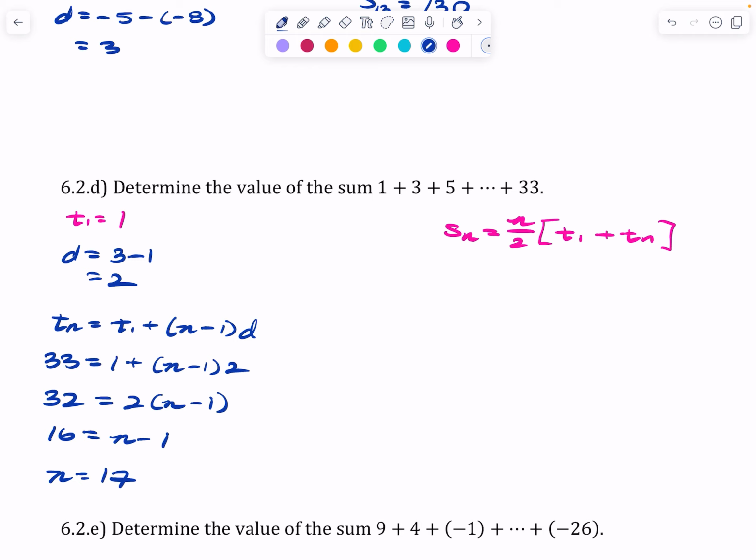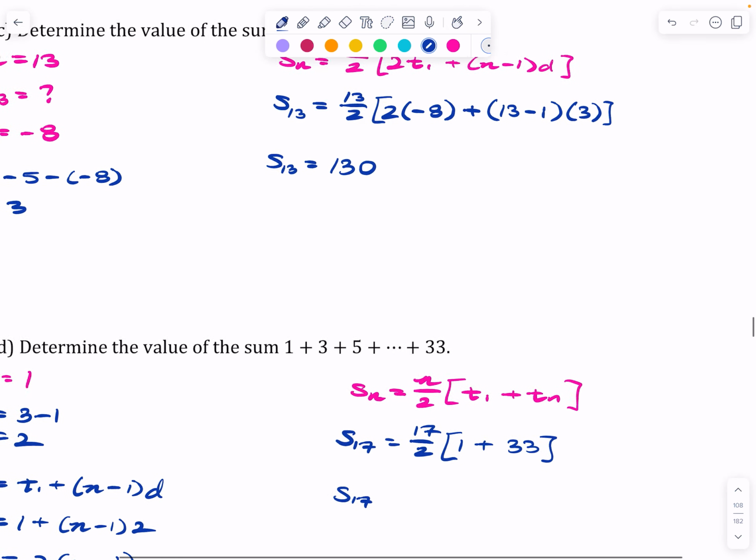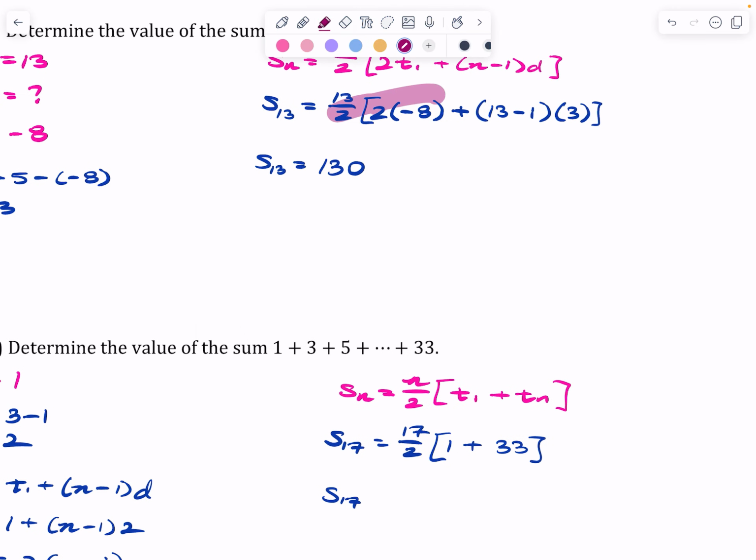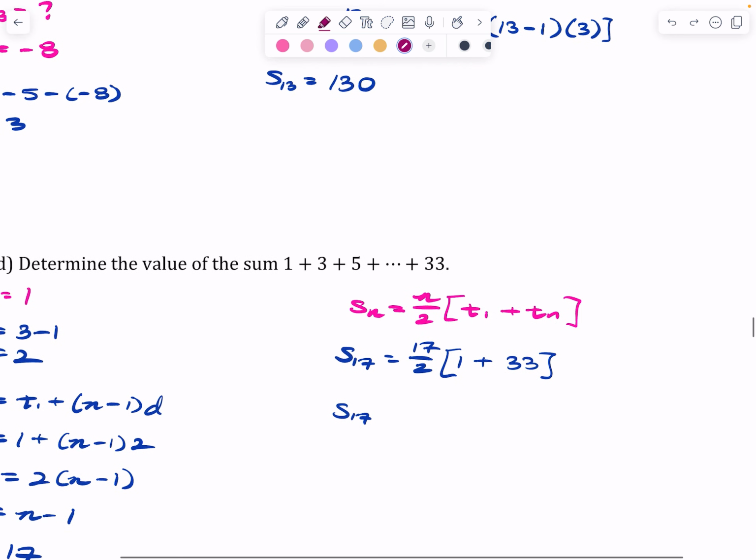So S17, now that we know that's what we're getting, is 17 over 2 times term 1 plus term n. And as you can see, that's much less involved than a formula like the one we had above. Lots of components in there. This one, very few. And when we compute that, we get 289.